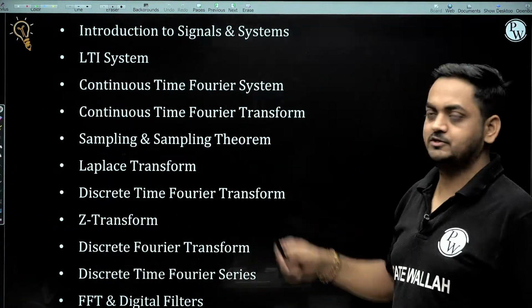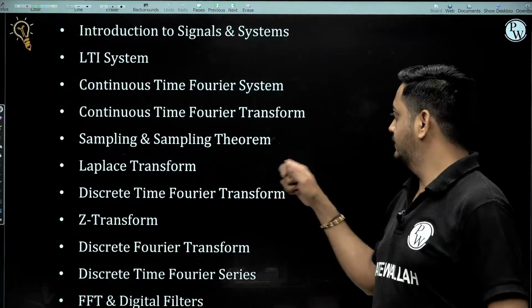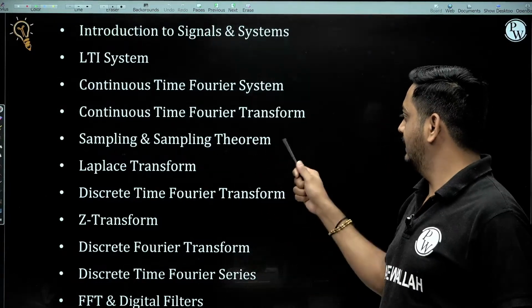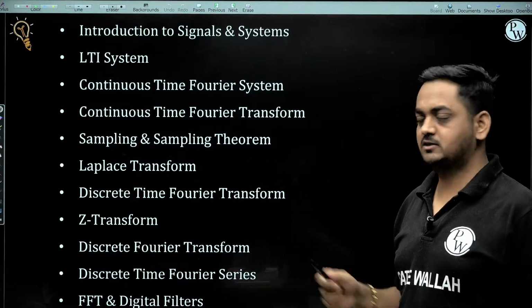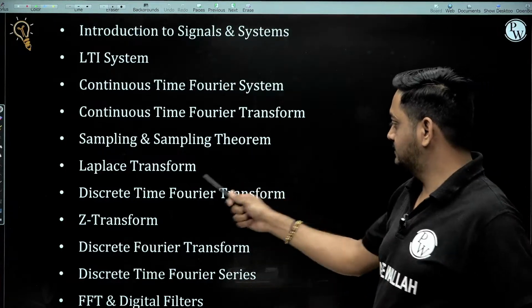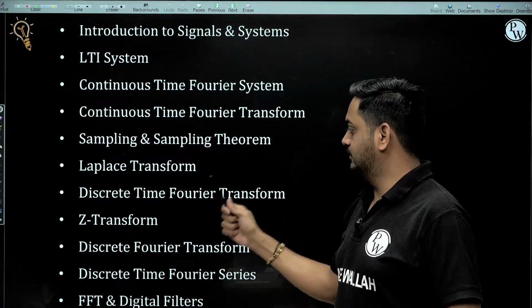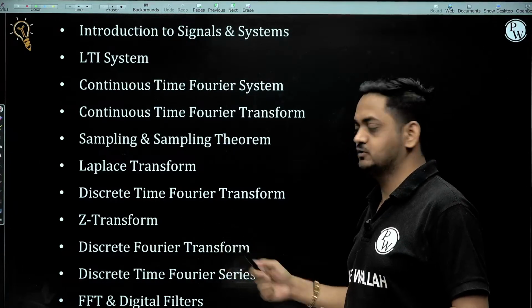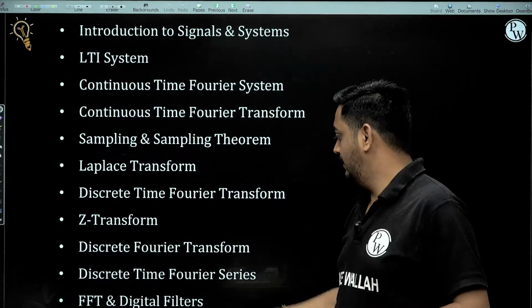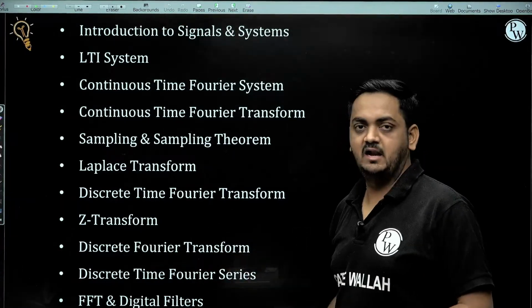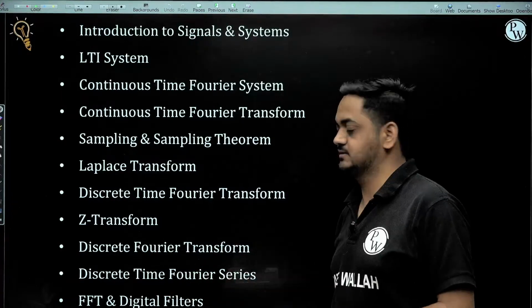Then continuous time Fourier series, continuous time Fourier transform, sampling and sampling theorem, Laplace transform, then discrete time Fourier transform, Z transform, discrete Fourier transform, that is DFT, and discrete time Fourier series, and last is FFT and digital filters.